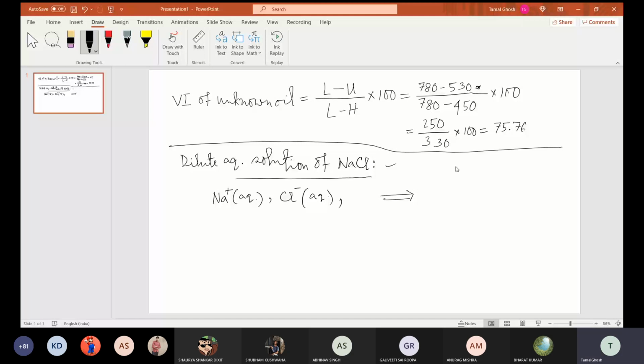Na plus aquated and chloride aquated, these ions are being formed there. Now 3 more things will be there, which are H plus, OH minus and H2O.